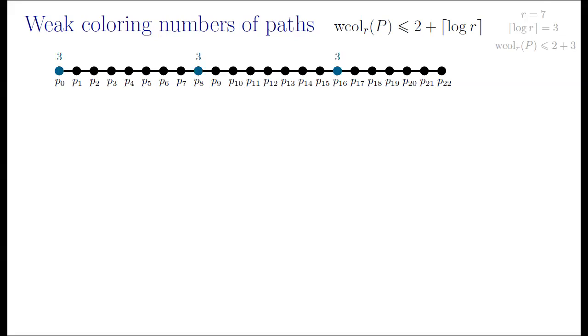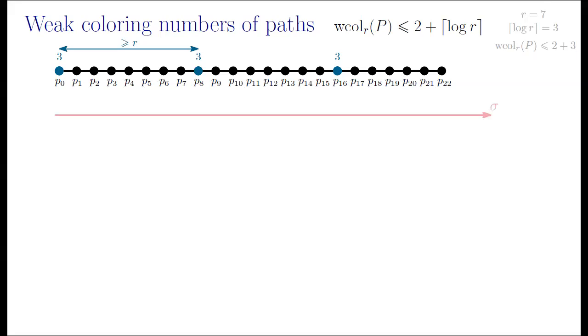And we assign 3 to every 8th vertex: 0, 8, 16, every vertex of this form. The important thing is that the distance between two vertices with this color is large, at least r. Where does 8 come from? This is 2 to the power of 3.